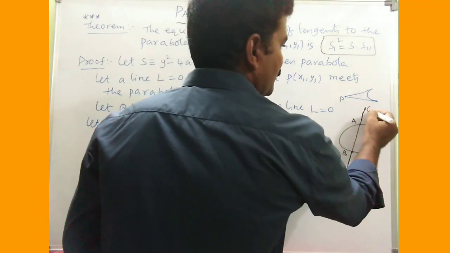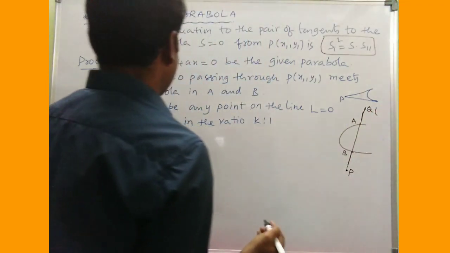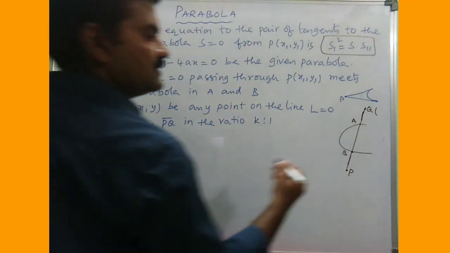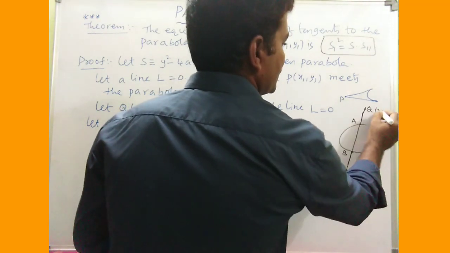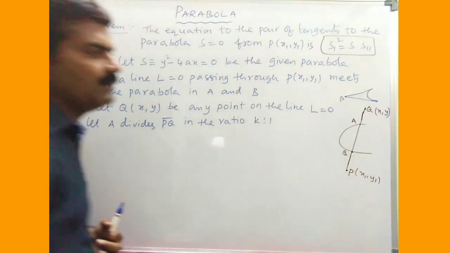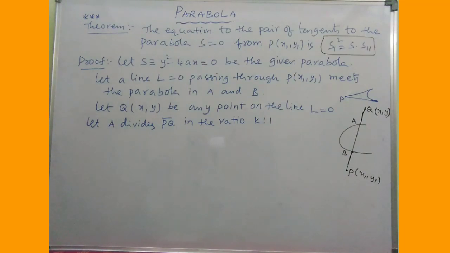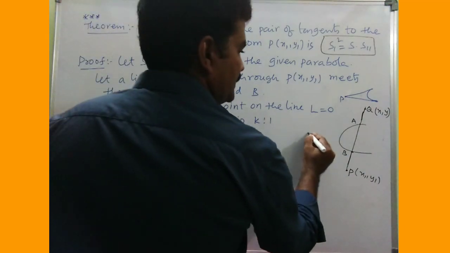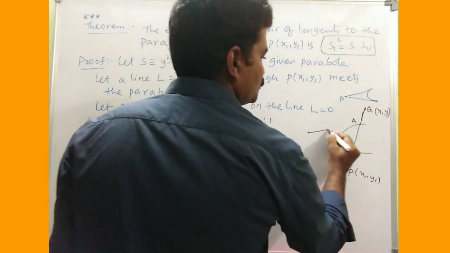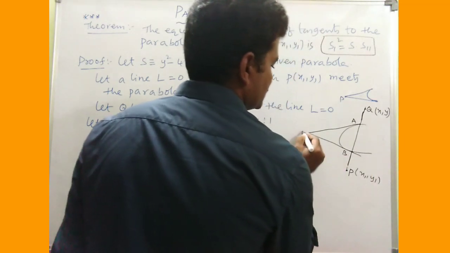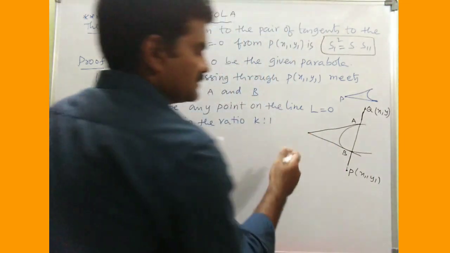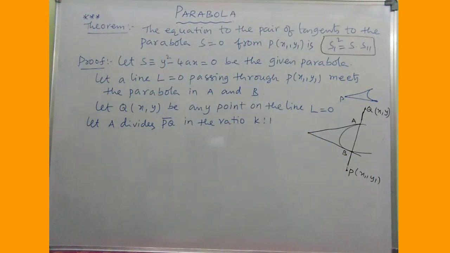One is P and one more is Q. Say P is nothing but x1, y1 which is given, and Q assume it as x, y. So this is the concept now. P is any external point. Now through P we can actually draw two tangents.